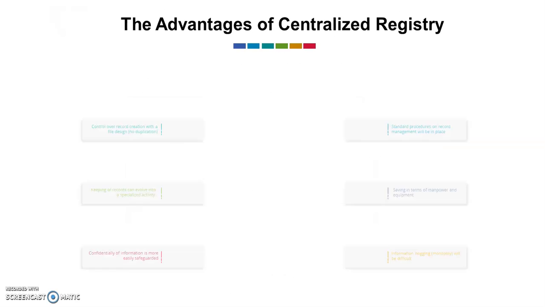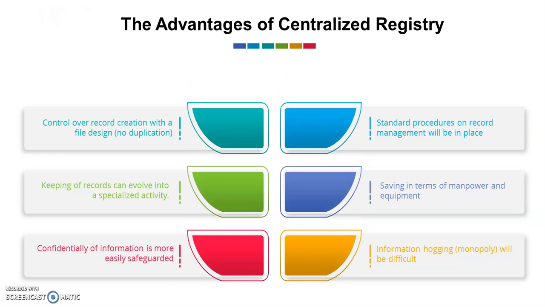The second advantage of having the centralized registry is that there is control over the record creations in accordance with the file design. This will ensure that the record will not be duplicated.